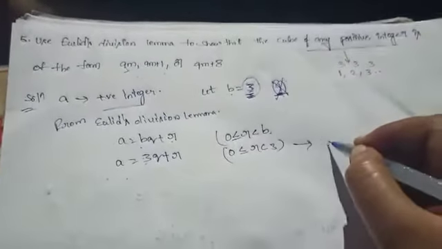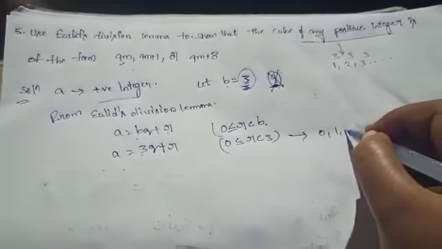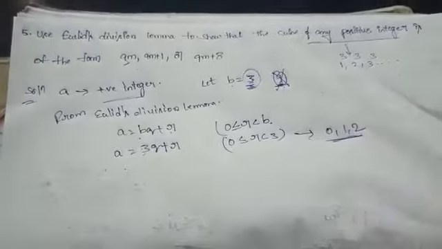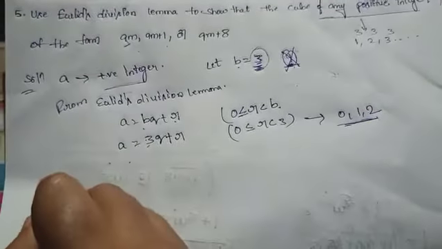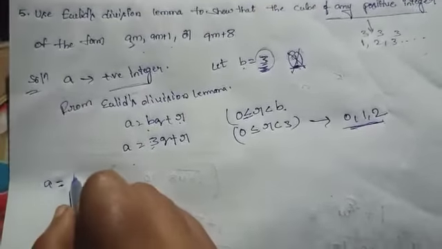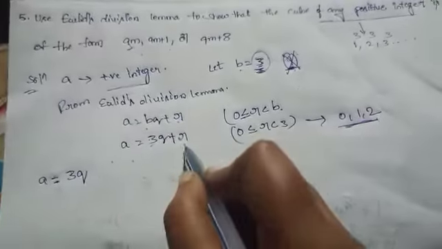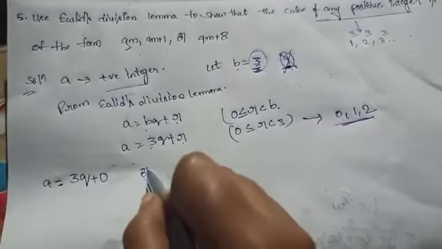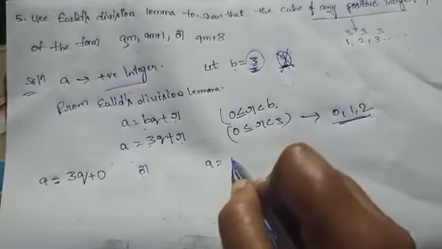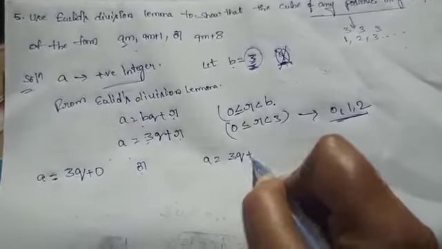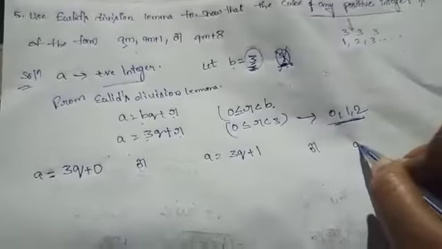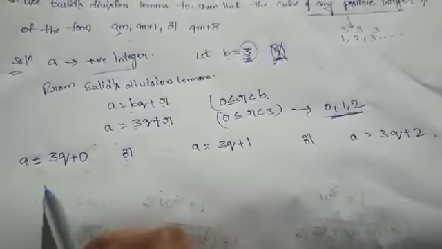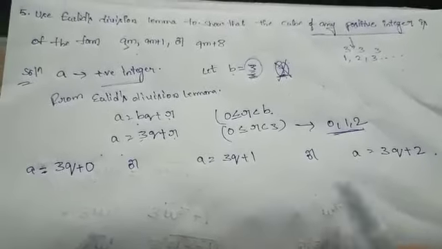So our values are 0, 1, 2. We have 3 possibilities: a equals 3q, or a equals 3q plus 1, or a equals 3q plus 2. We have 3 equations.